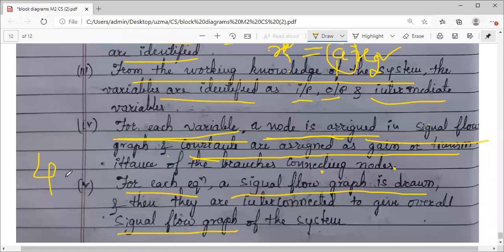It is the combination of all 4. Individually, these 4 equations will give you how the variables are connected. Each equation gives one signal flow graph, and the overall signal flow graph we draw by combining all the signal flow graphs, by interconnecting all together.